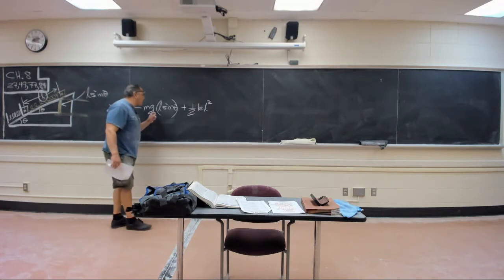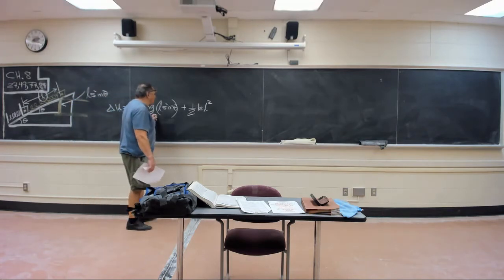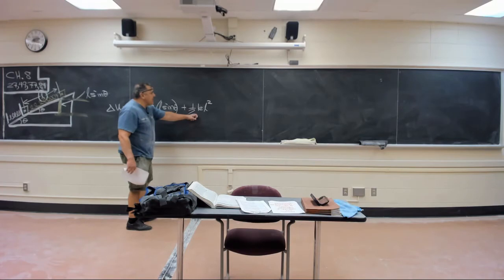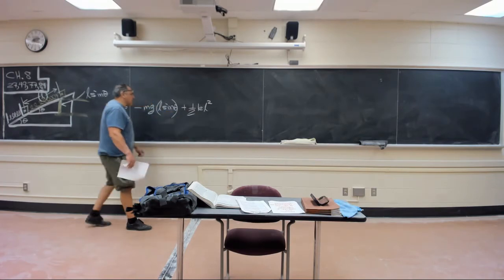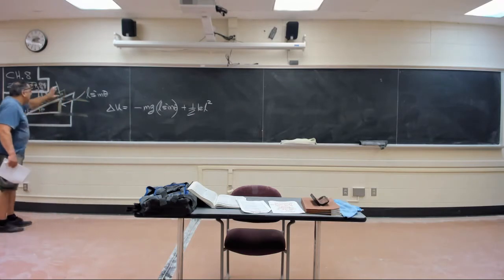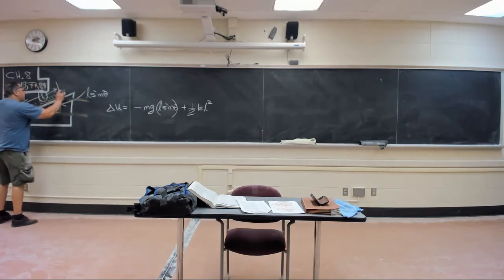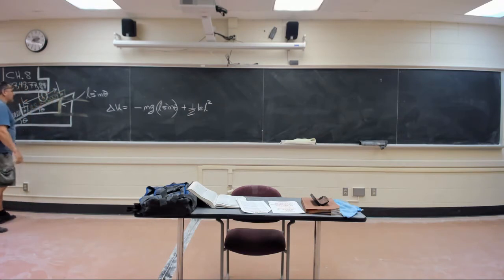The loss in gravitational potential energy should be exactly the gain in spring potential energy. If this was a frictionless system up here, if you took this mass right here, held onto it, stretched it out this way, whatever it's saying on that now, let's see here.